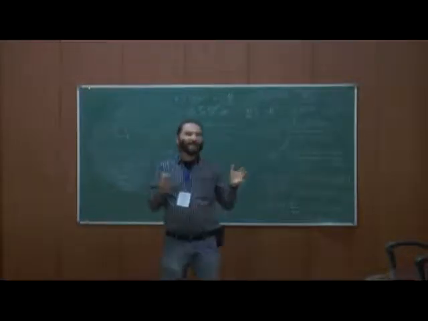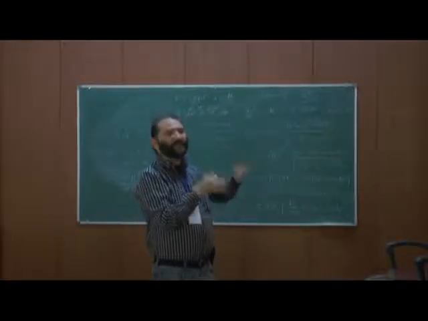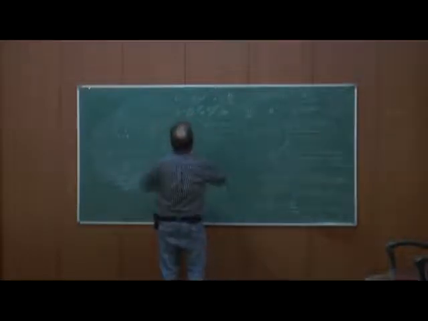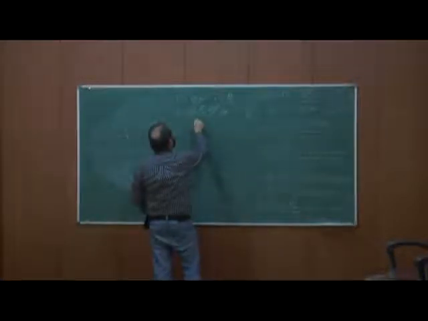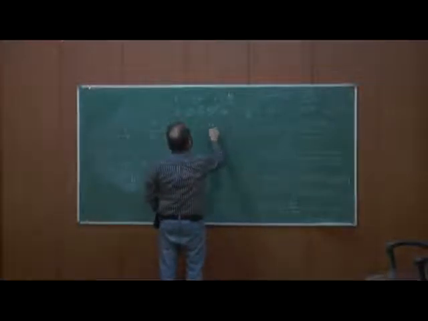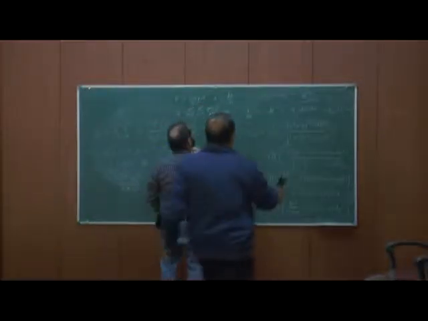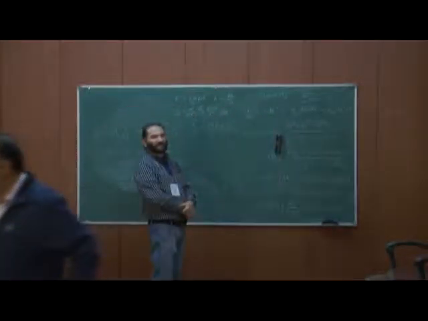So how do we make this thing dimensionless? We have to multiply or divide on both sides by the appropriate thing. Now, what is an appropriate thing here? H squared. So what we do is divide by H squared, and then this is dimensionless.